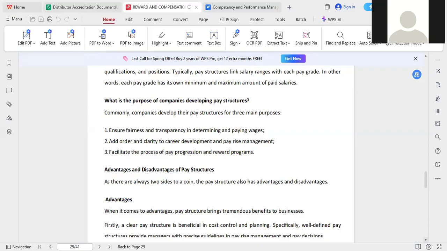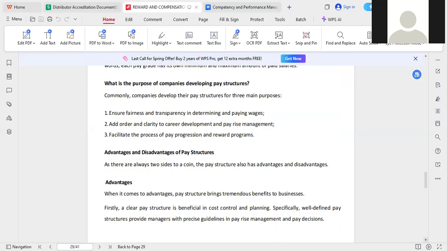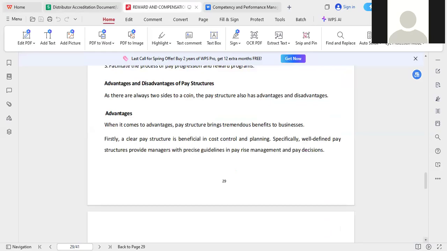So one of the advantages of developing a pay structure is that a clear pay structure is beneficial in cost control and planning. So you're able to control costs, you're able to plan effectively when you have that.